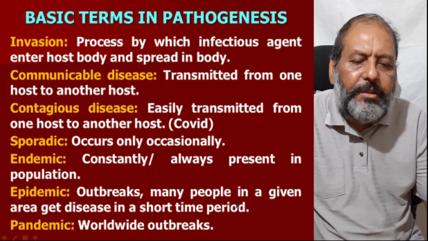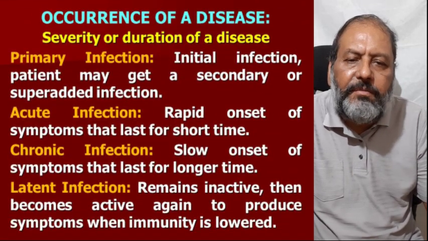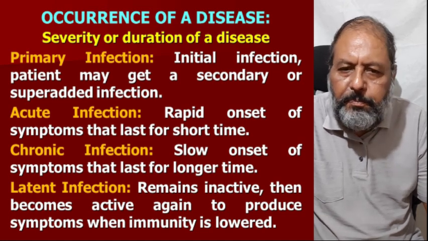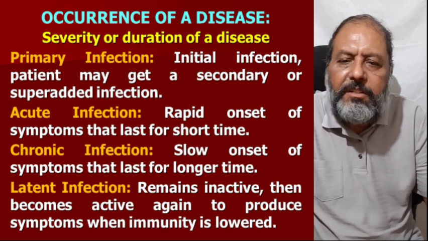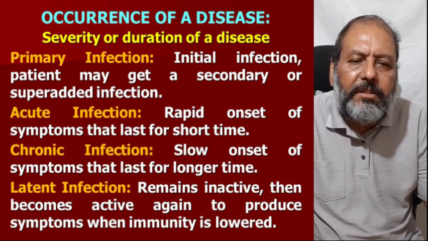The occurrence of a disease, or its severity or duration, begins with a primary infection, the initial infection. The patient may get a secondary or superadded infection later on.